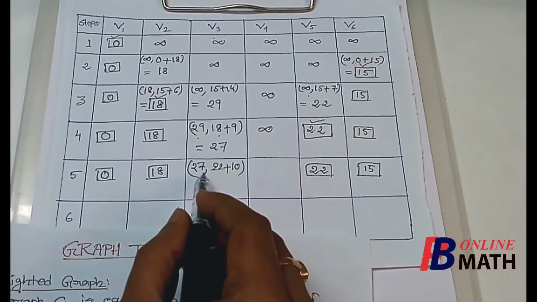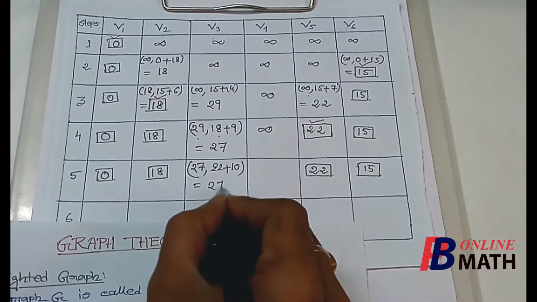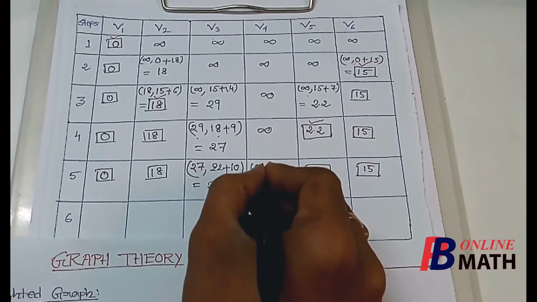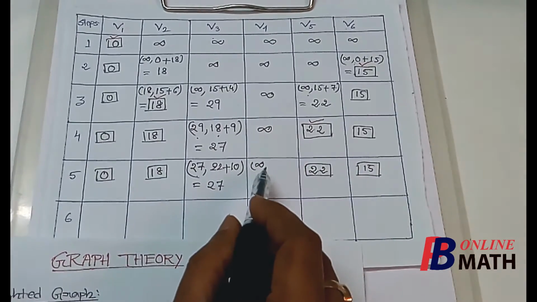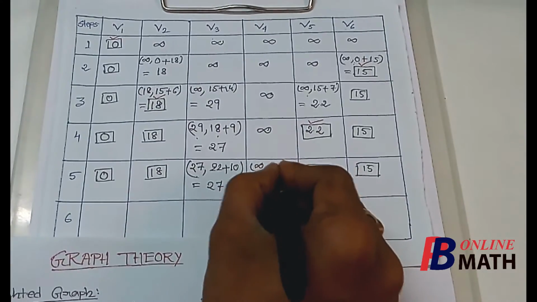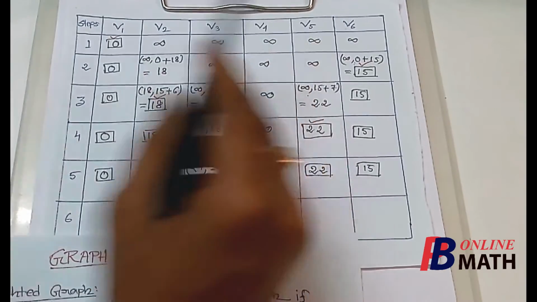Now the minimum of 27 and 32 is obviously 27. And next for V4, the previous level, that is infinity, comma, the permanent level of the previous step, which is 22, plus the distance between V4 and V5.